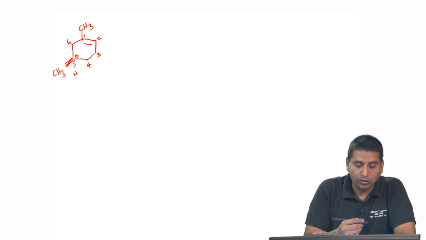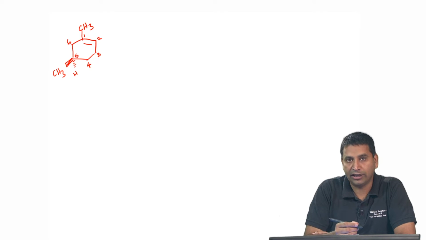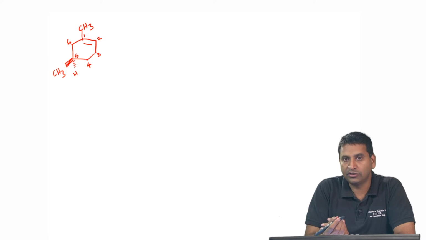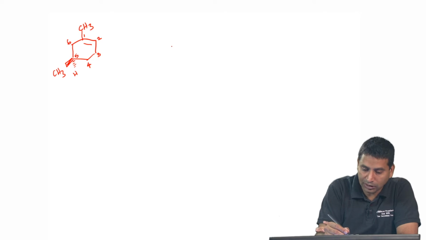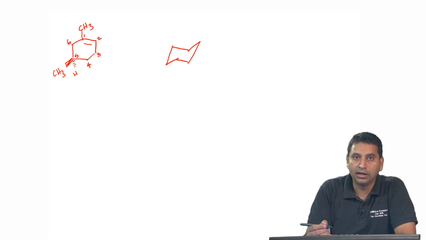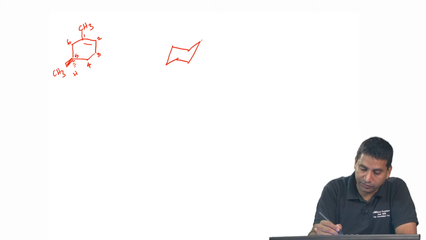Okay. The second thing I am going to do is to try to draw this in a chair conformation. Although it is a little difficult to draw an olefin in a chair conformation, let us try and do this with some minimal modification to what we have encountered so far. I will just draw a chair as we normally draw, and let me follow the same numbering system, which is 1, 2, 3, 4, 5 and 6.